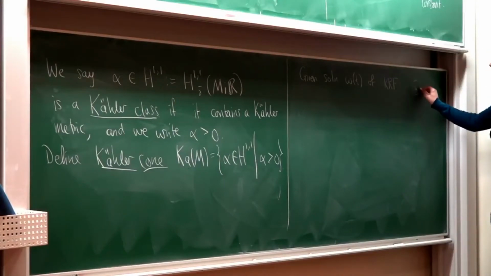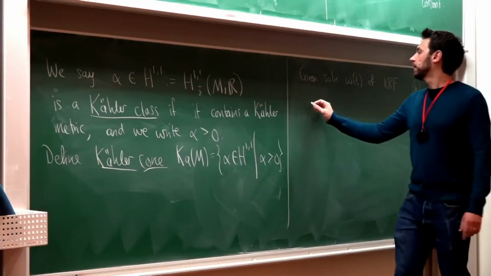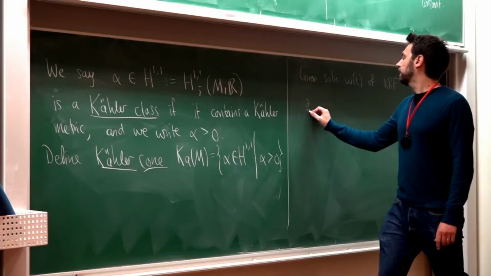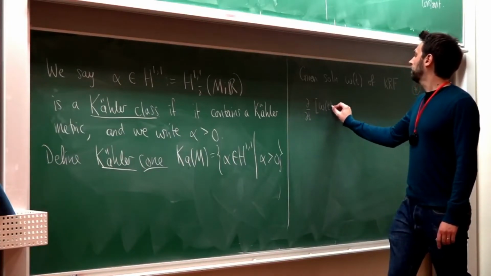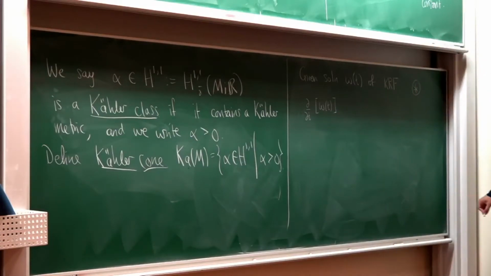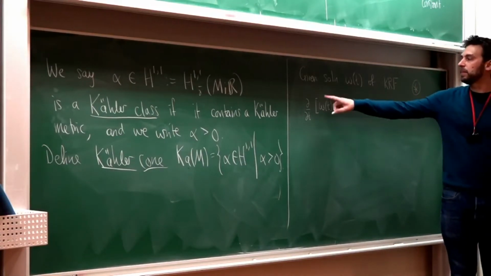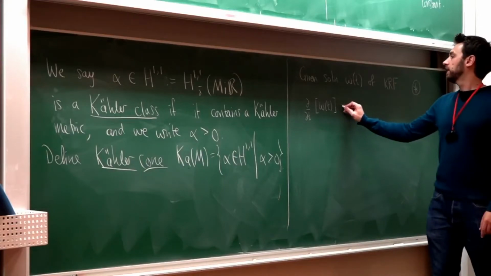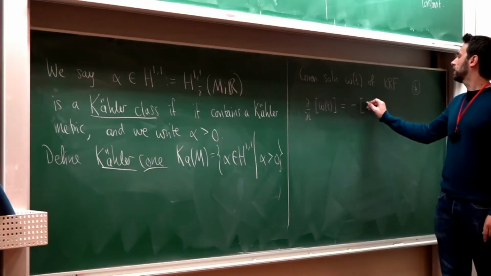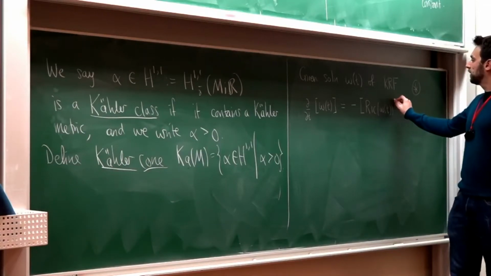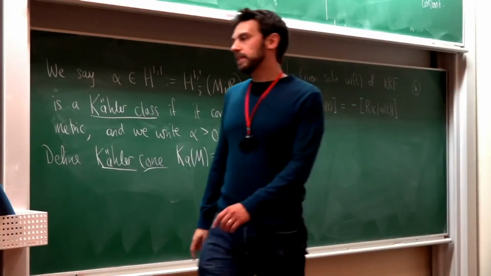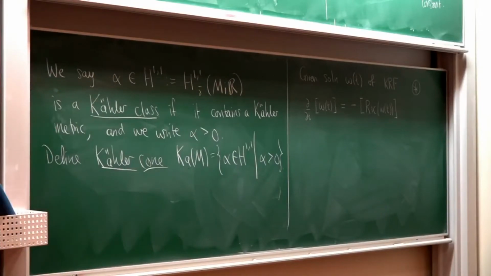I can take the cohomology classes, and what I see is that d/dt of the class of omega t, this is now just an element of a finite dimensional vector space, is equal to minus the cohomology class of Ricci of omega t. So I've said already that this is a closed real 1-1 form.